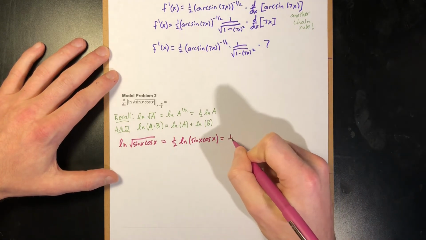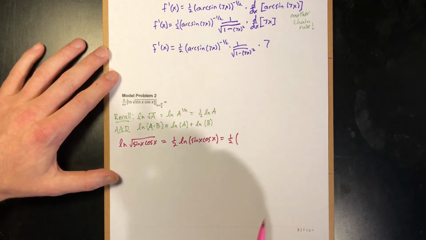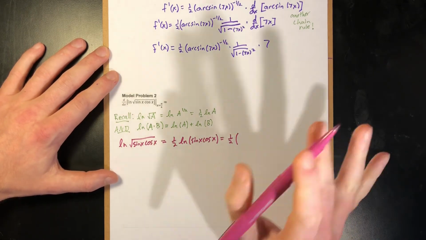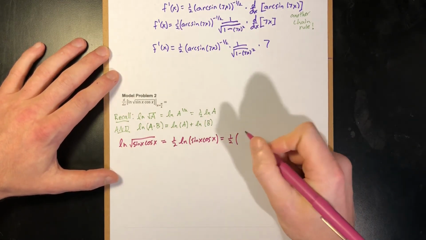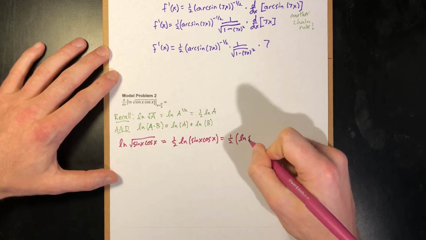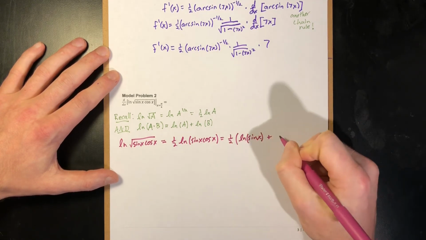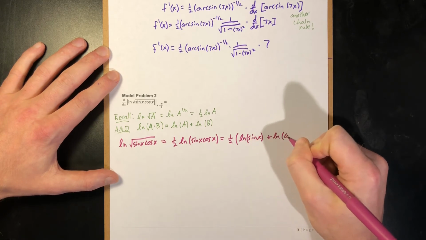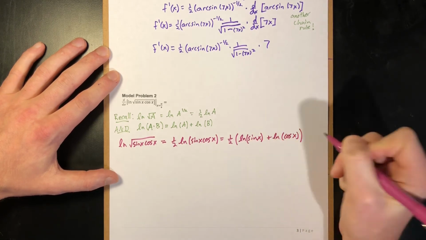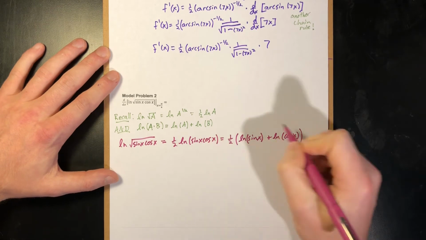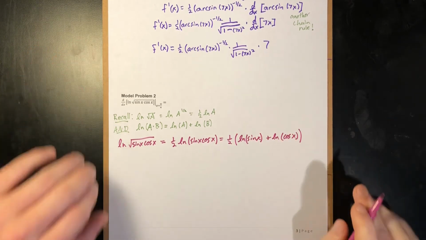This is really then 1/2 of, and you have to make sure you get your parentheses right here or else you're going to end up in trouble, ln of sine x plus ln of cosine x, and close our parentheses like that. You could distribute the 1/2 if you wanted to, you don't have to.